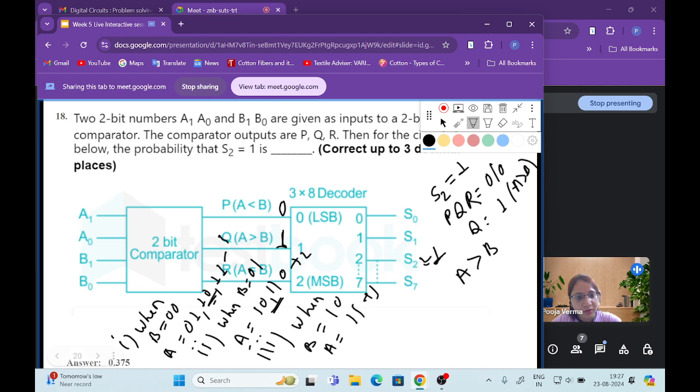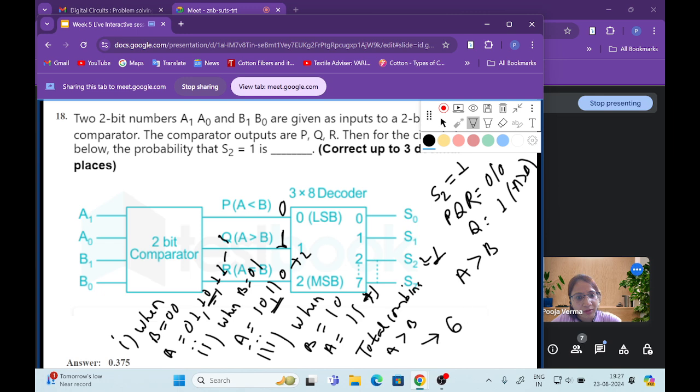So total combinations where A is greater than B is 6, right? So total combination we have got 6. 3 here, 2 here and 1 is from here. Okay, where A is greater than B. The total combinations where A is greater than B is 6.